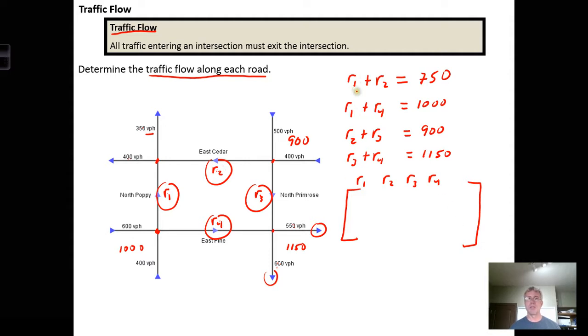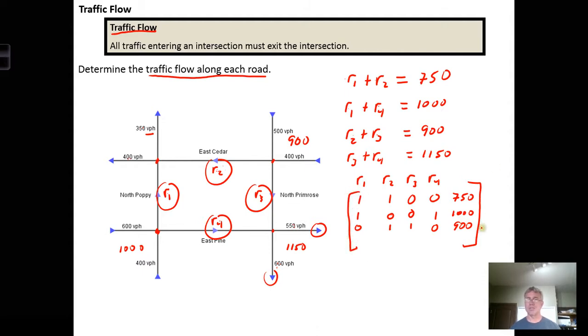The first equation says 1 road 1 plus 1 road 2 equals 750, so we get 1, 1, no road 3, no road 4, and 750 cars per hour as our constant. Next I have 1 road 1, no road 2, no road 3, 1 road 4, adding up to 1,000 vehicles. And here we have no road 1s, 1 road 2, 1 road 3, no road 4s, and 900 vehicles per hour.